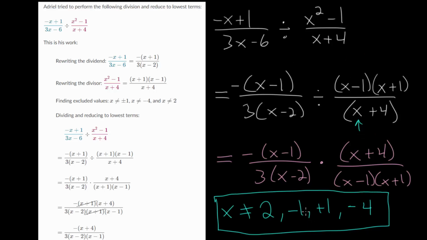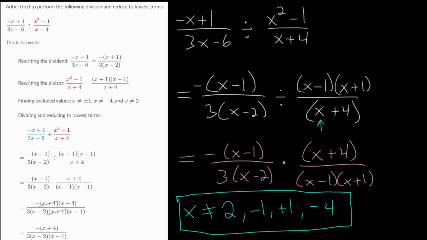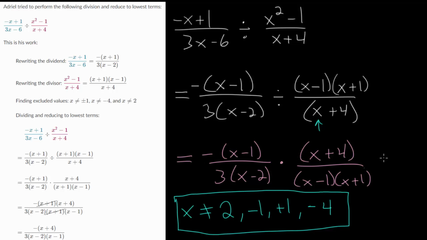So now that we've excluded our values, we can make some simplifications. So notice with our product here that we can cancel out an x minus 1 in the top and down below. And that looks to be the only thing we can cancel. So we would have minus x plus 4, that negative sign would travel with us, all divided by 3 times x minus 2 times x plus 1.